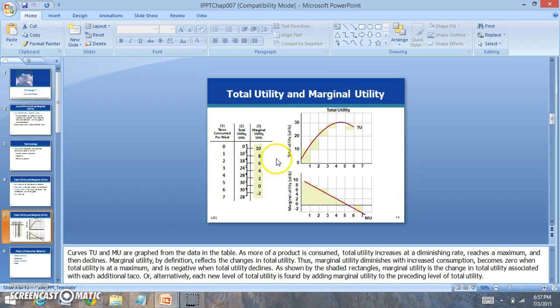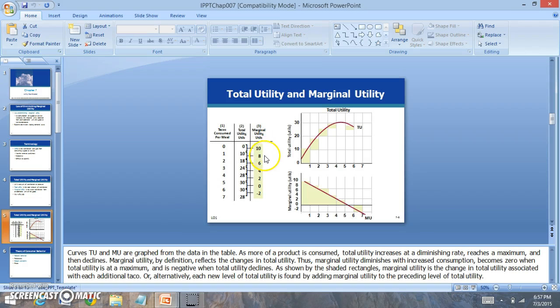Here's your total utility. As the amount that I consume increases, you'll see that there's an increase in total utility. Now here is each unit that you consume. I eat 1 slice of pizza, I get 10 units of satisfaction. I eat 2 slices, I get 18 total units of satisfaction, but I only get 8 units from that piece of pizza.